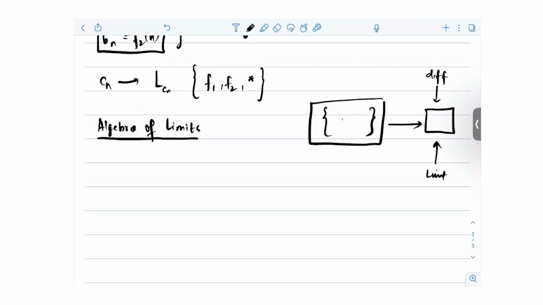You will see this is a general trend in mathematics: in any mathematical theory developing, on this function set, we see how the operators behave according to how the functions interact. That is very, very important, because the operation should interact with the algebra of the functions. That's why it's called the algebra of limits, algebra of operation. That's why in differentiation we call it algebra of differentiation, in integration we call it algebra of integration. Probably for f composed g the integration is not there, but we can do it.